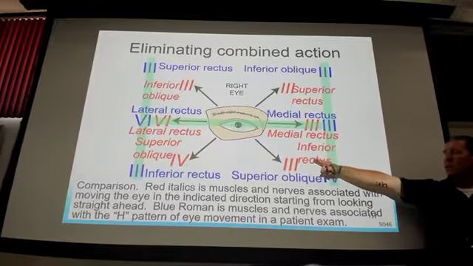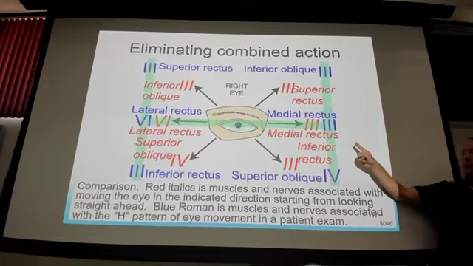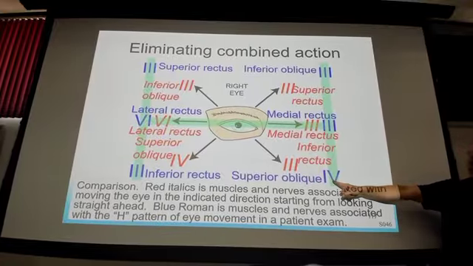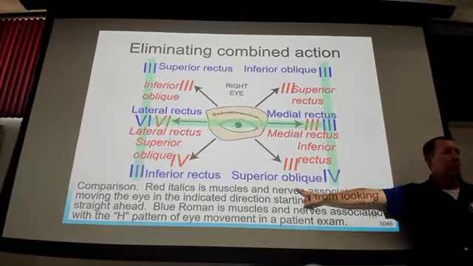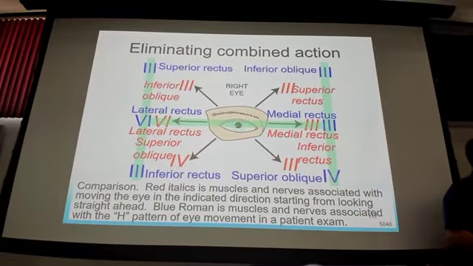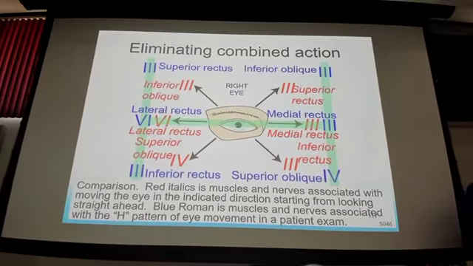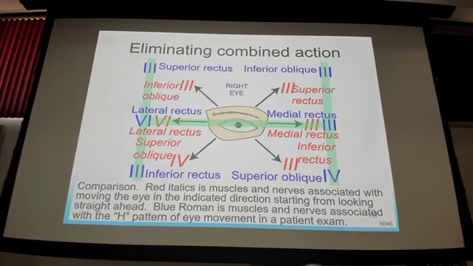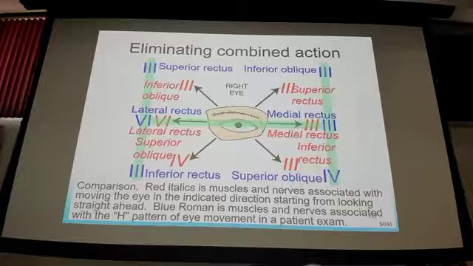If you do a patient exam and we adduct them first, now the muscle that's going to move us down into the down and in quadrant is superior oblique, 4. It's just a fact. We did it by isolating. We abducted or adducted first. Now you can keep trying to understand this, or you can just trust me and learn that that's a fact.